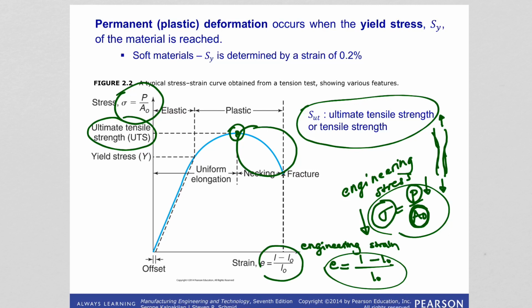That's why you are observing this decrease in the stress. After that the engineering stress drops, and at some point the specimen cannot handle the forces anymore, and it fractures at the necked region. This point is known as the breaking or fracture strength.